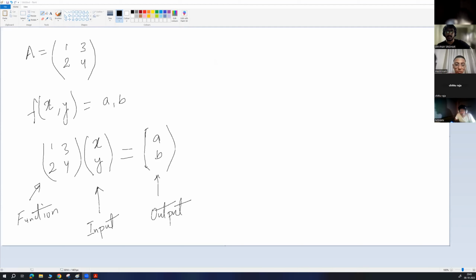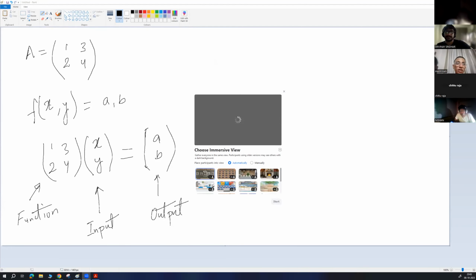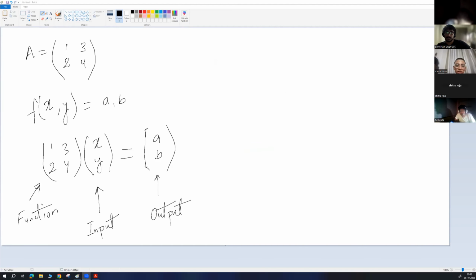Sort of. For example, in the first class sir explained that this can also be written as 1x plus 3y equal to a, and then 2x plus 4y equal to b, and then we compare the left and right hand side. From there you can make out that these are just the coefficients of x and y, and they form the function.